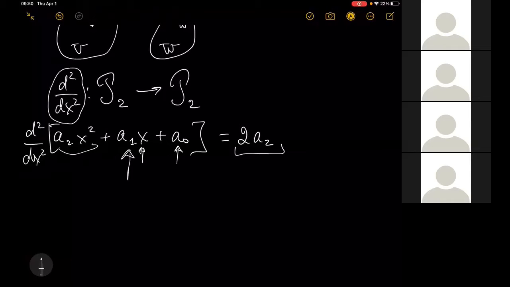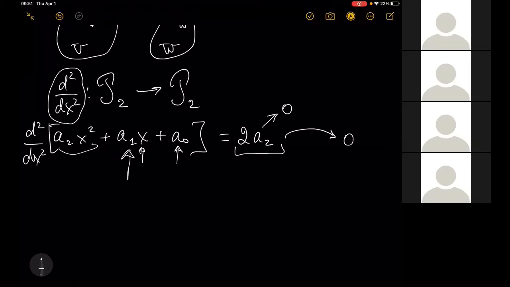I got 2a2 as a result, right? So it means that I can choose literally any a1 and a0. If I want to get the zero vector, I need to have this to be zero, right? That's it.